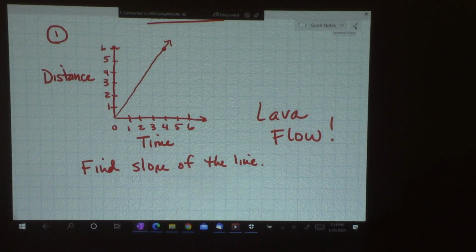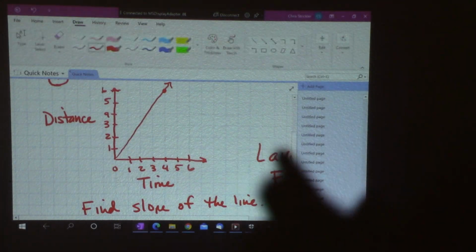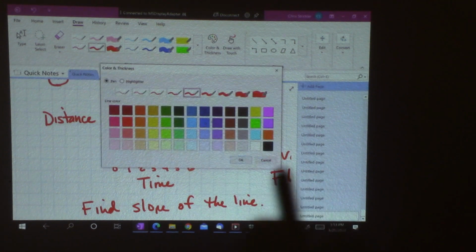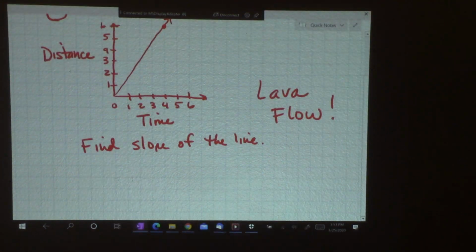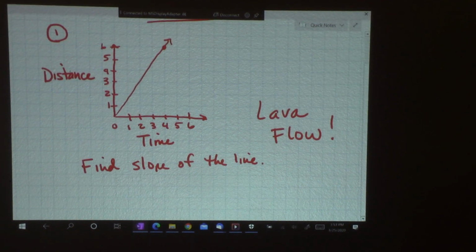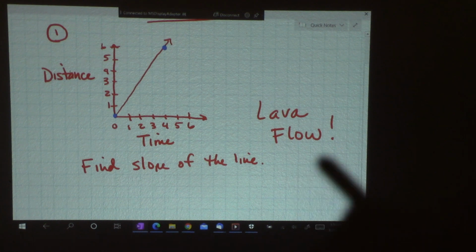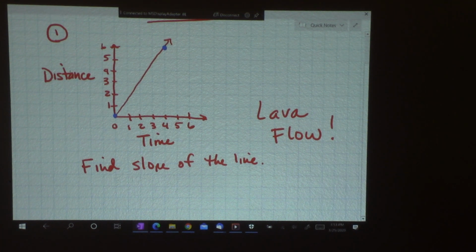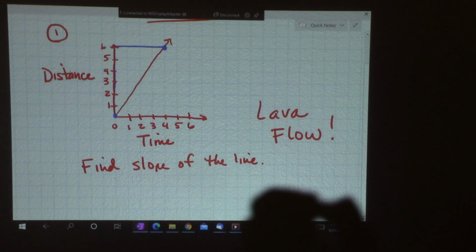So, I'm going to change colors real quick. I'm going to pick 2 points. This doesn't connect anywhere in between there. So I'm going to draw my line going up, and I'm going to draw my line going to the right.